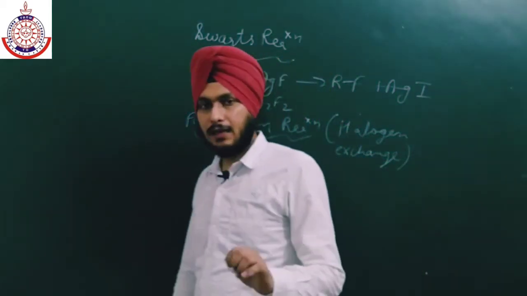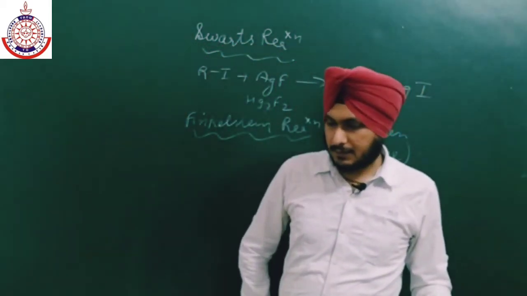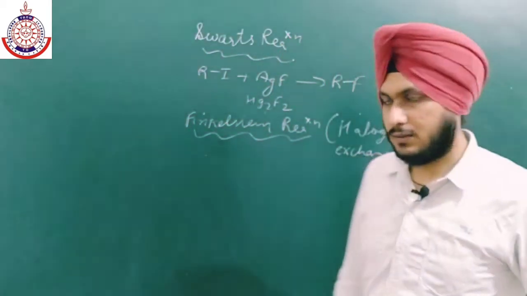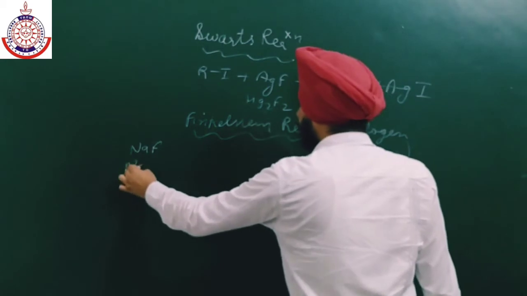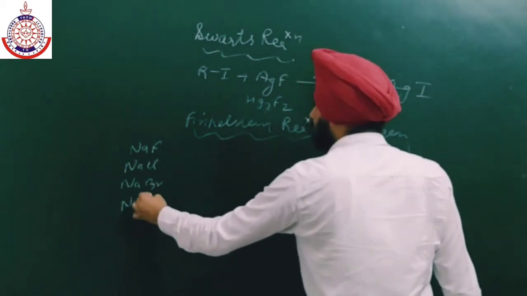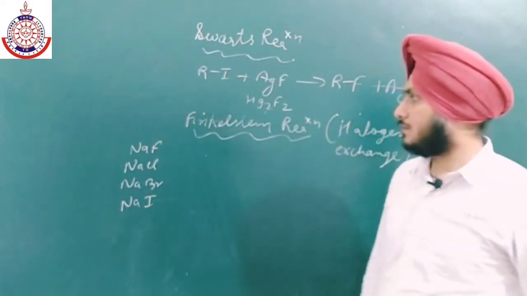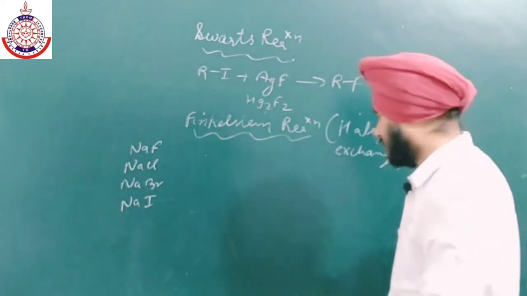That halide can easily replace the other halide which is less soluble in the solvent. We have the reactants NaF, NaCl, NaBr and NaI. The solubility of sodium halides in acetone increases as we go down the group.